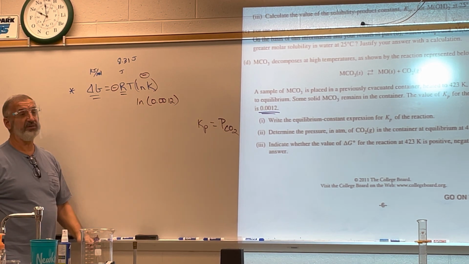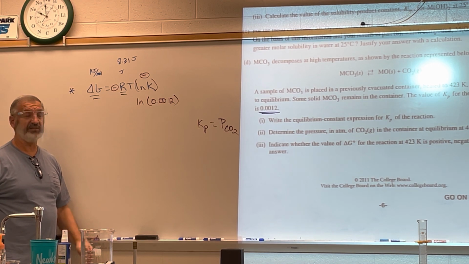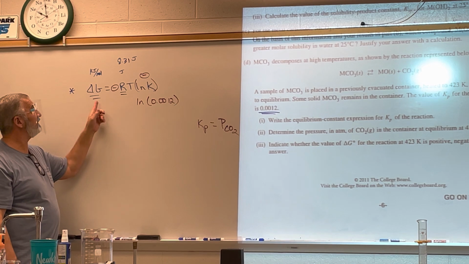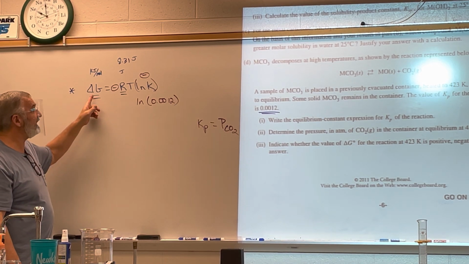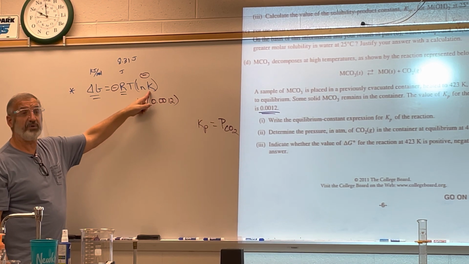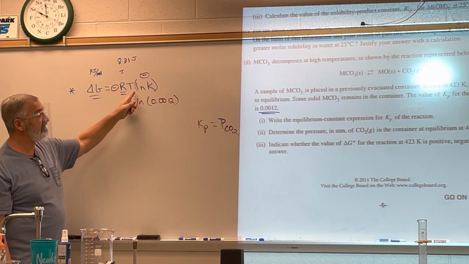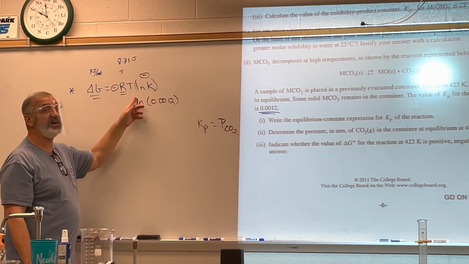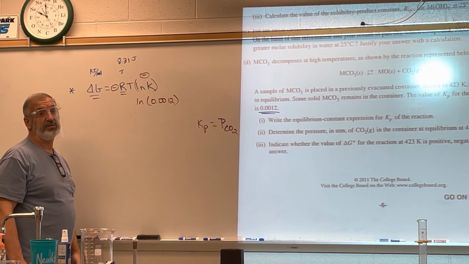That's a pretty small value. The ratio of products to reactants is pretty small. Okay, so it's just going to be plugging in. Now, if they wanted you to calculate delta G from this, you would just plug in the 0.0012 into here. Then your R and the temperature is given as 423 K. You just plug those values in. You just go from there.